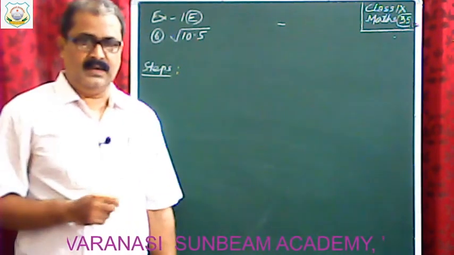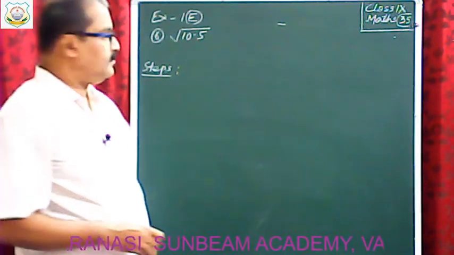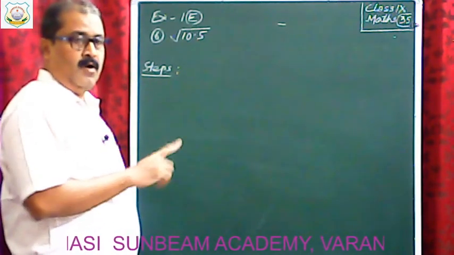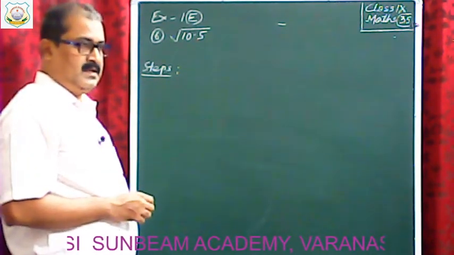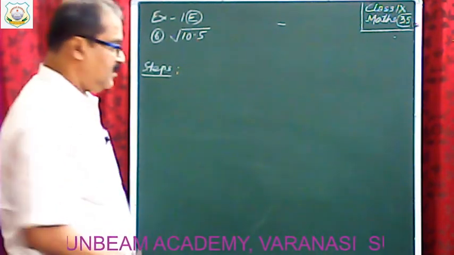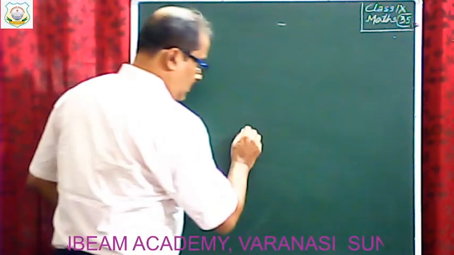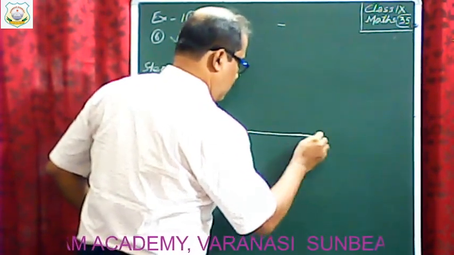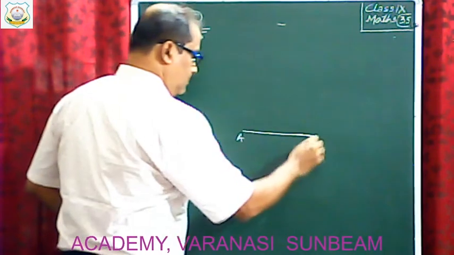Clear? So first of all you have to draw a line segment of 10.5 centimeters. Whatever radicand is given, that is the length of the segment. Suppose AB.